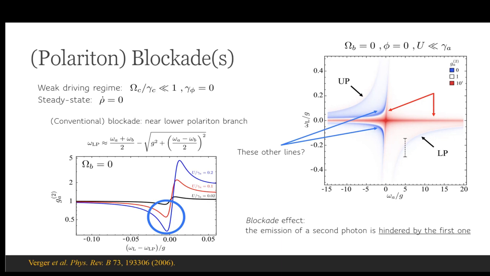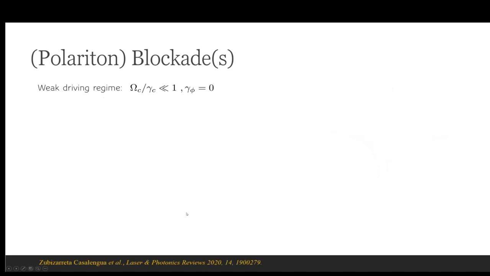And in this case, what we find, as was found by Liu, is a completely different blockade. The nature of the blockade is a bit different from the previous case.